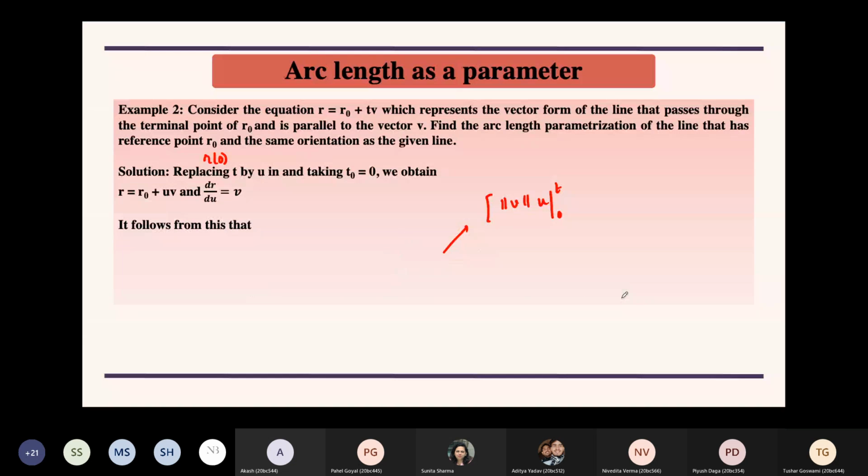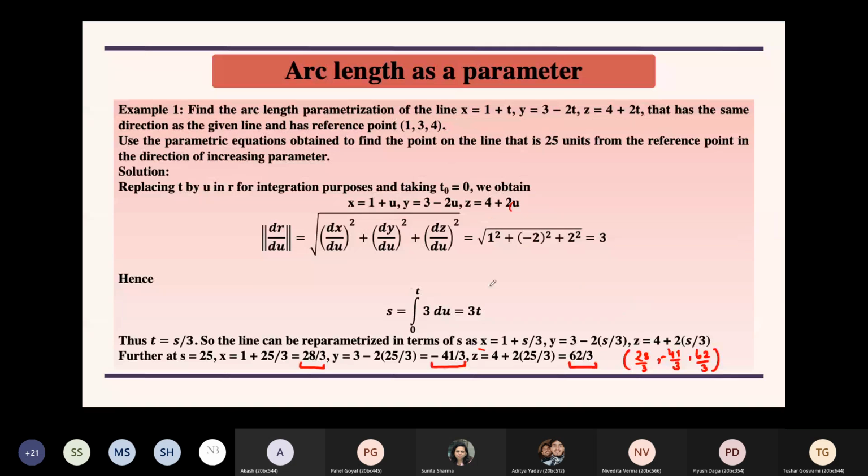And you did the same thing for the previous question also. Here, your t gets replaced by s divided by 3, where 3 is nothing but the norm of this v vector, which we have seen in the previous question also.